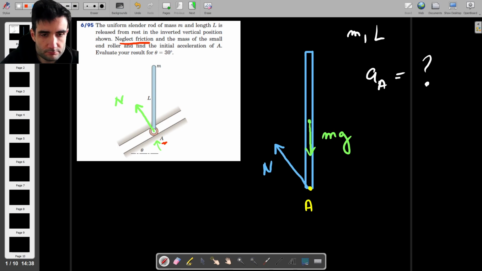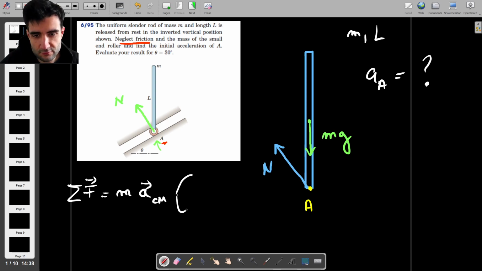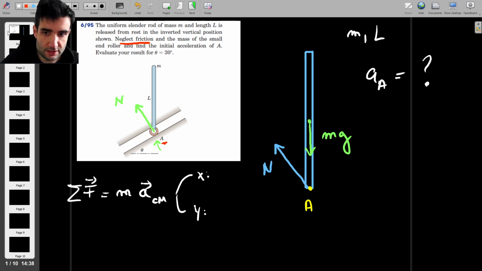So normally what you would do at this point is you would write that the sum of forces, or the net force, is equal to the mass times the acceleration of the center of mass. So that's one thing, which again is going to give you two different equations for the acceleration, one for x, one for y.